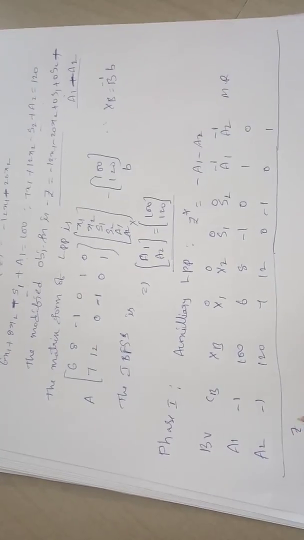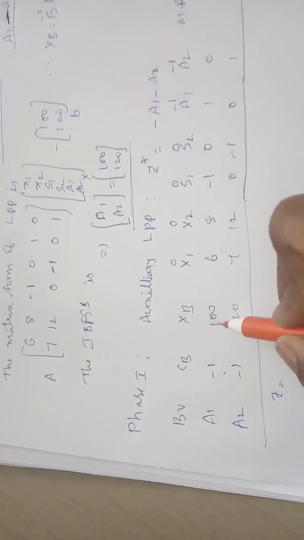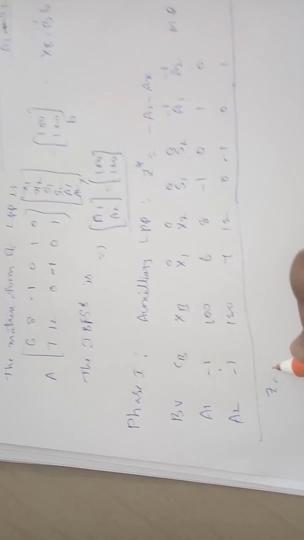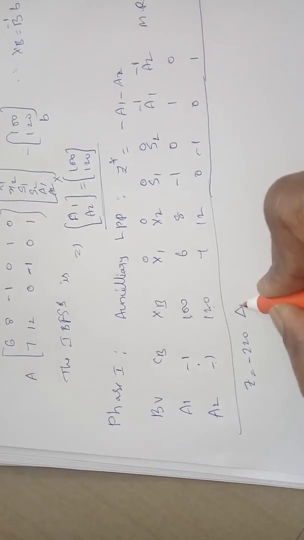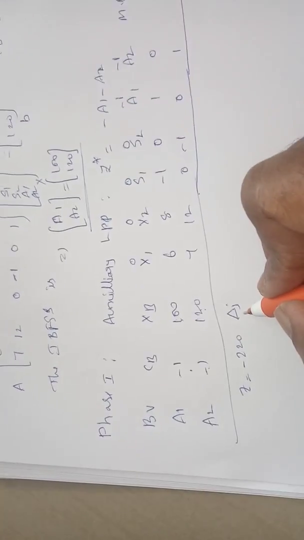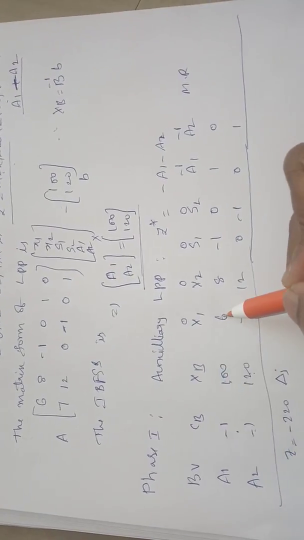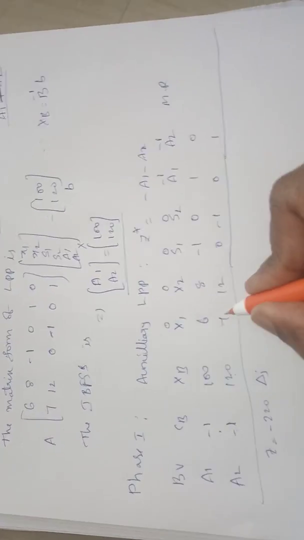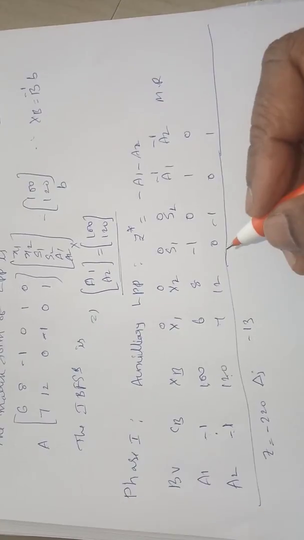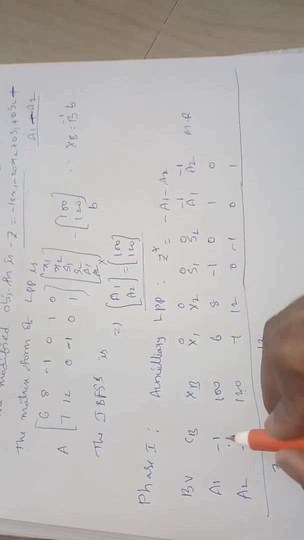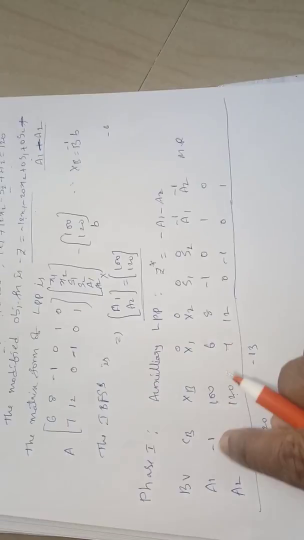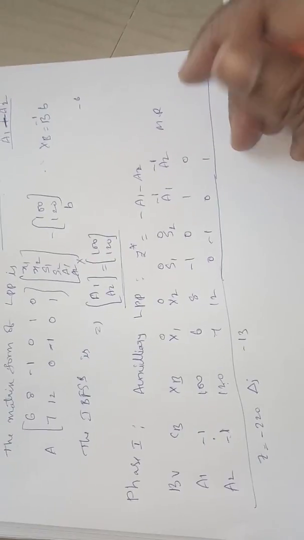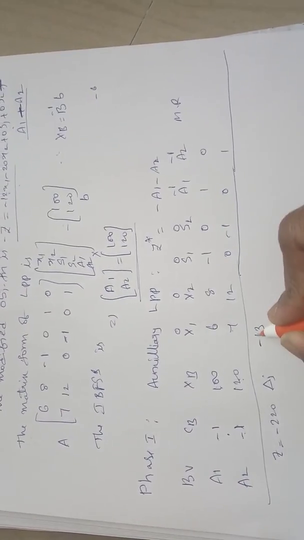And z equals minus 1 into 100, minus 100, minus 1 into 120, minus 120, so minus 220. Immediately you have to find the net evaluation, delta z. As usual, minus 1 into 6, minus 6, minus 1 into 7, minus 7, so minus 13.